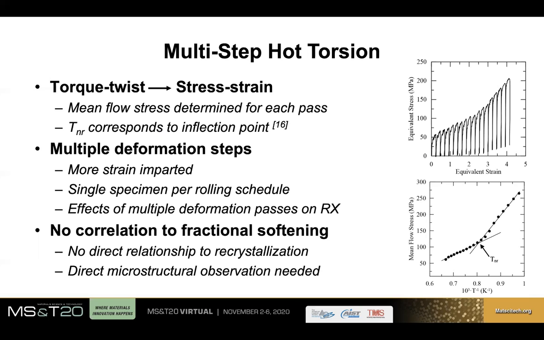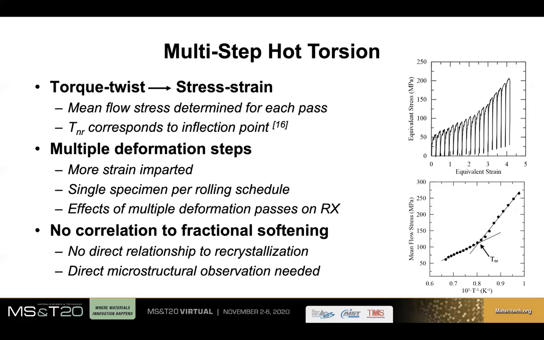So if we define TNR as the transition from complete to incomplete recrystallization, we have TNR corresponding to this inflection point separating regions 1 and 2, as highlighted on the plot on the bottom right. So multi-step hot torsion testing has the advantage of applying multiple deformation steps to a single specimen. And so this is generally more representative of an industrial rolling mill, and effects of multiple deformation passes on recrystallization behavior can be captured.